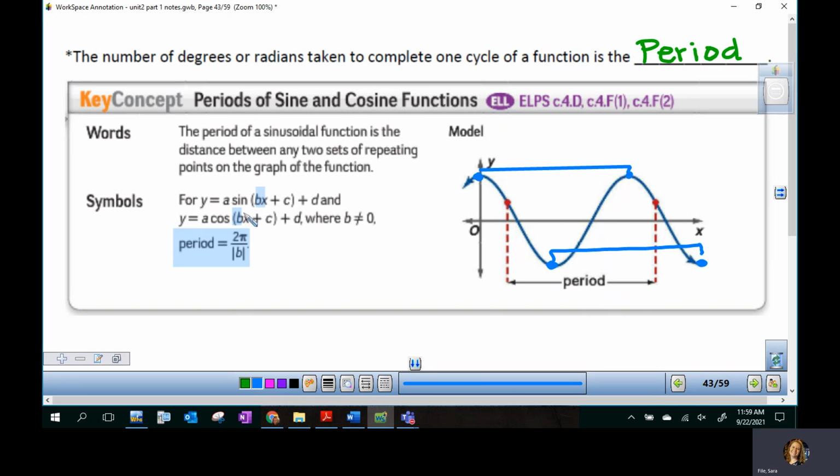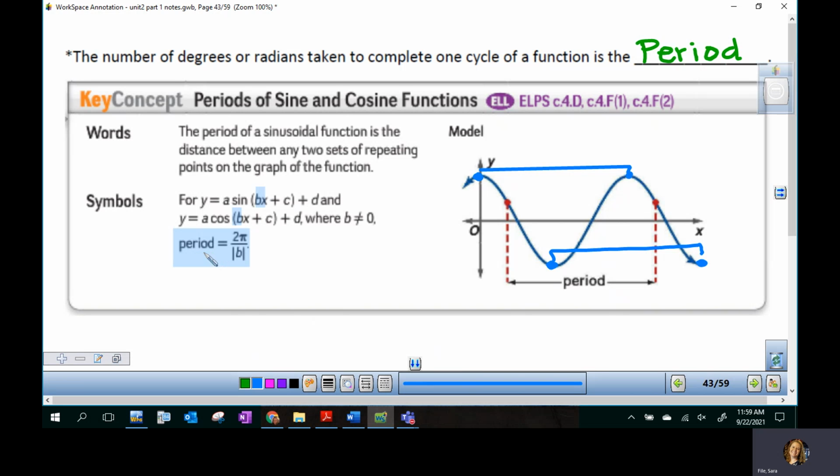The B value in the equation is used to help us determine the period. Remember the parent functions for sine or cosine that we graphed a couple days ago, the period, one cycle, we graphed from 0 to 360 or 2 pi. So one cycle of the parent function for sine and cosine was 2 pi.